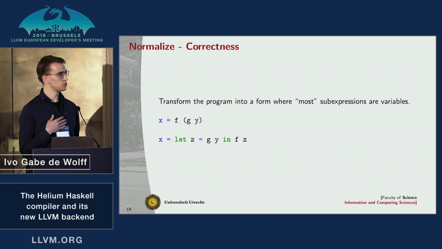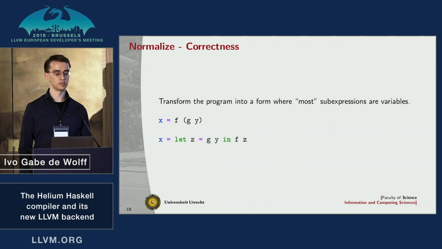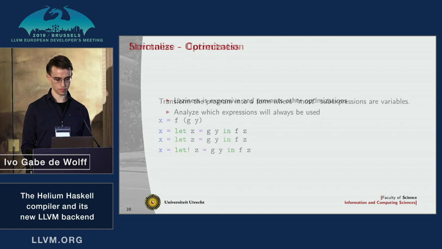In this case we have a function call to f by applying another function call. And what we do is we bind that function call to a new variable, z in this case, and then apply f with z. This will also allow that we can, in later passes, identify each expression with a name, which makes some analysis easier.